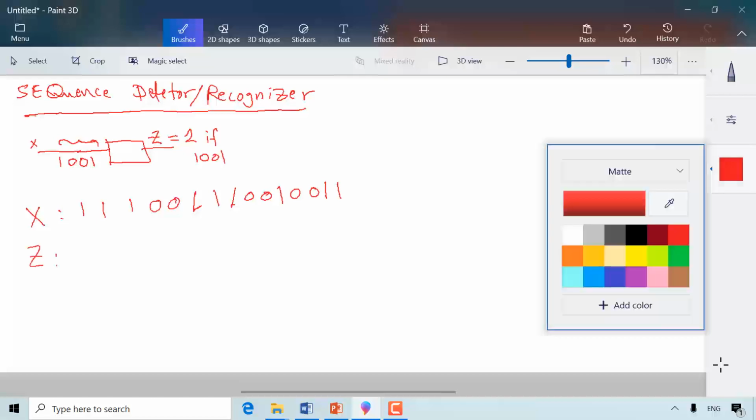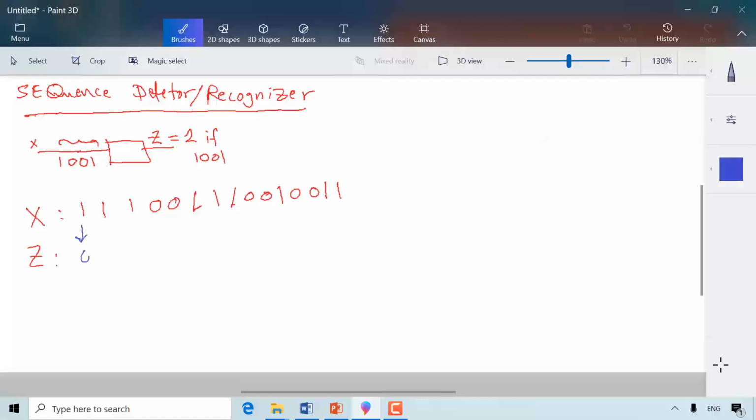How about here? Well, we don't have history, so Z is 0. How about here? We just saw these 2 bits. They are not 1, 0, 0, so Z is 0. How about here? We saw 1, 0, so they are not my sequence, so it's 0. Well, how about here now?